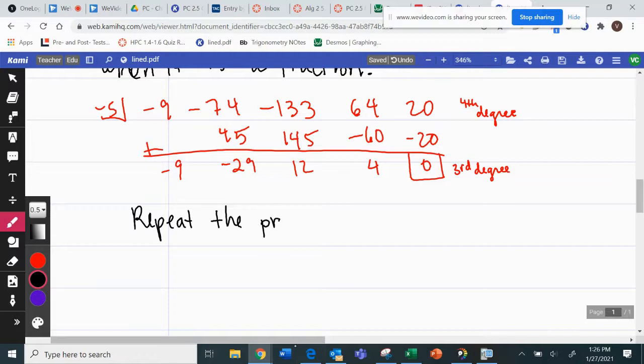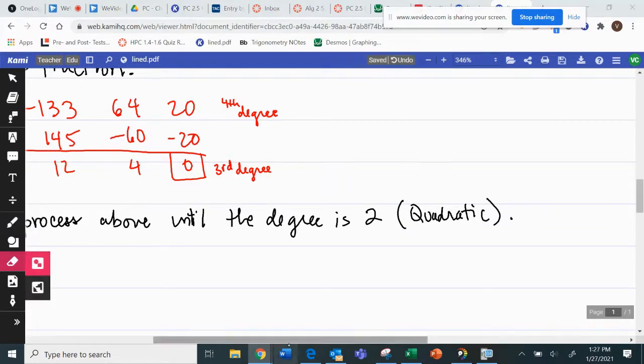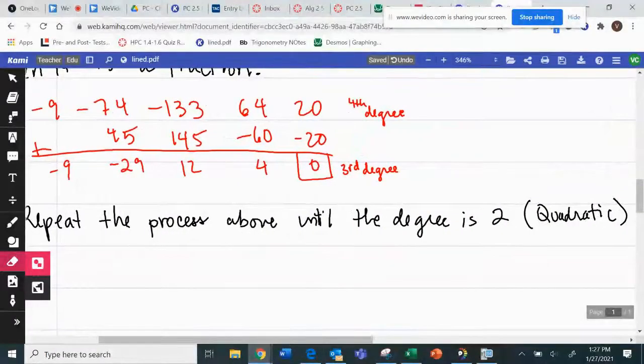Repeat the process above until the degree is 2, which is quadratic. So we're going to repeat that process until the degree is 2.